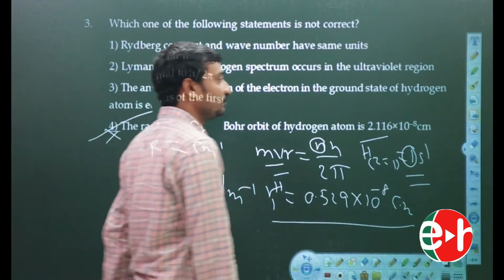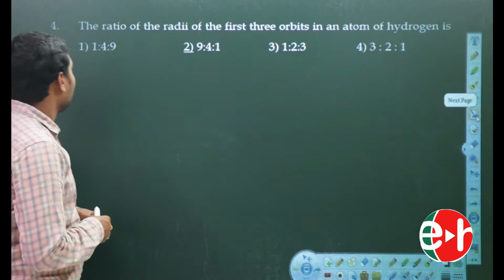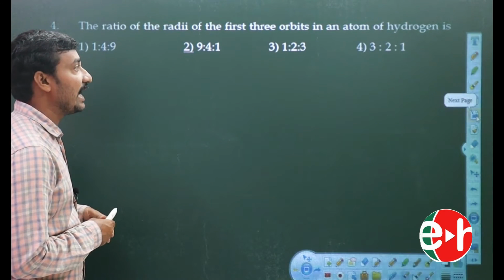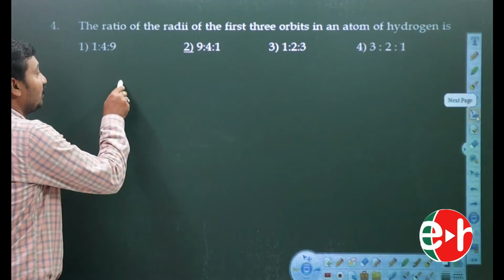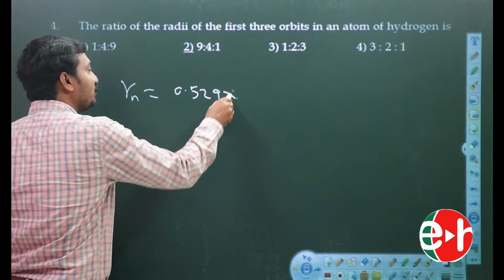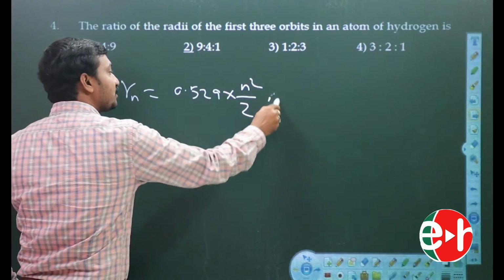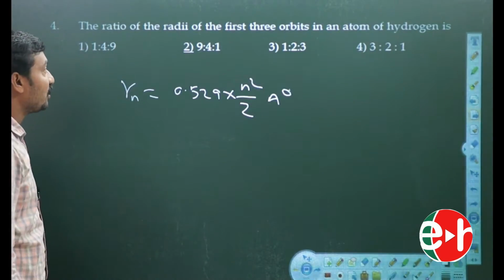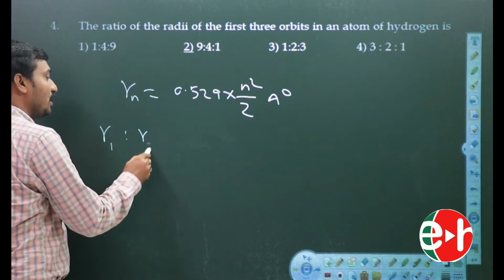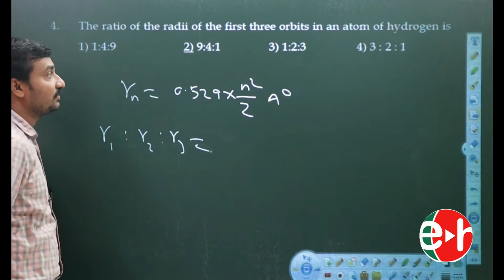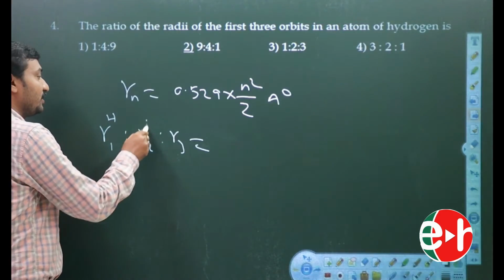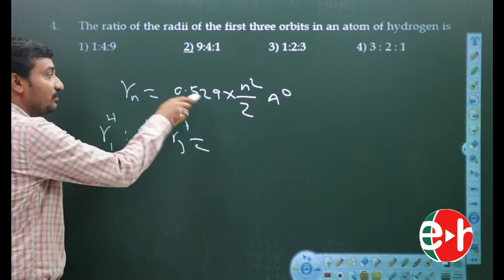Okay, next one. The ratio of the radii of the first 3 orbits in an atom of hydrogen. We know Rn is equal to 0.529 into n square by z angstrom units. R1 is to R2 is to R3 in a hydrogen atom. 0.529 is common, so cancel.